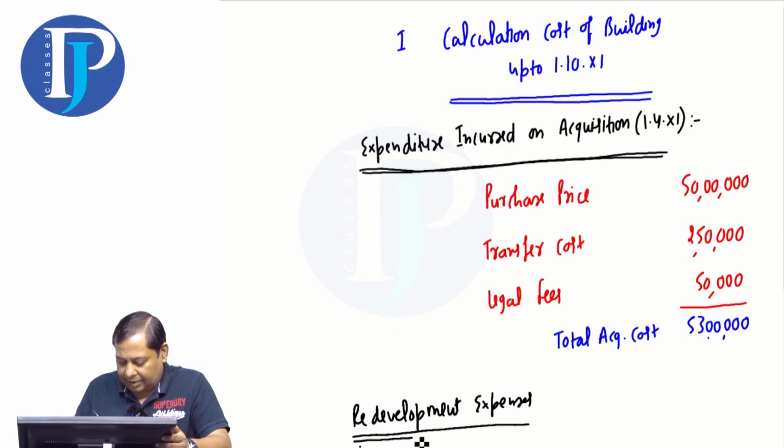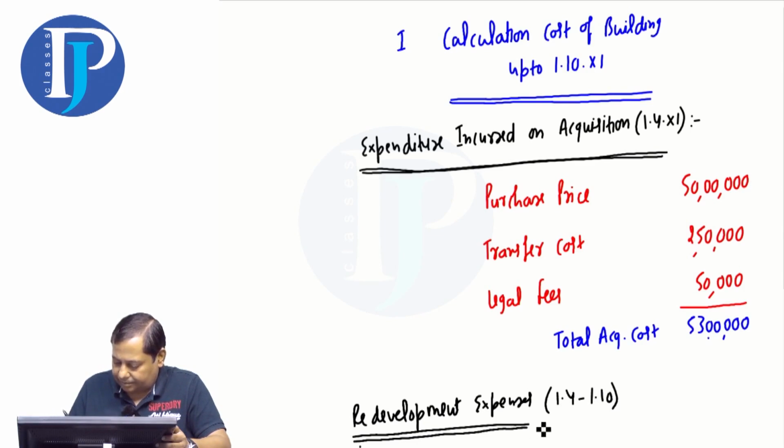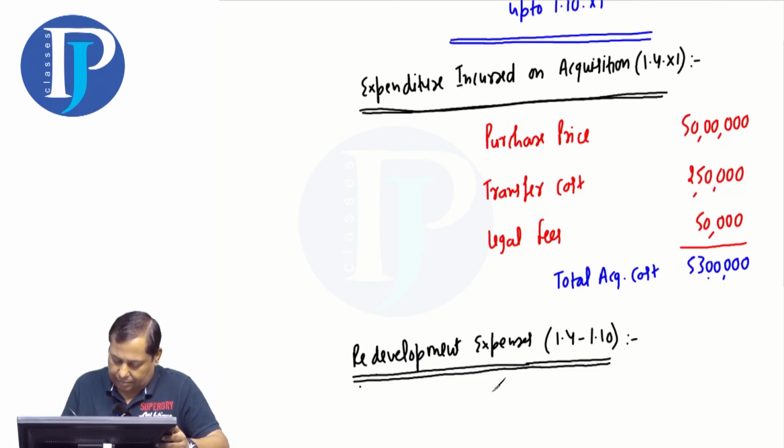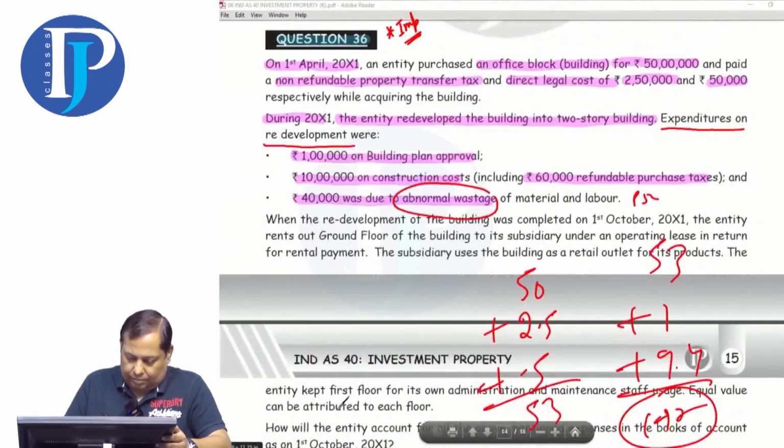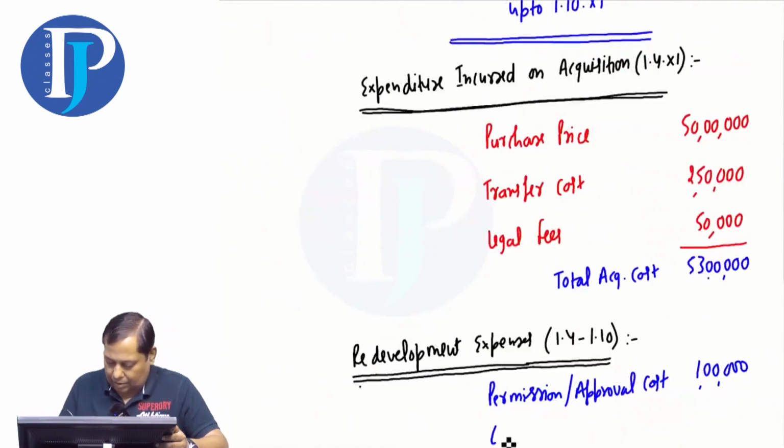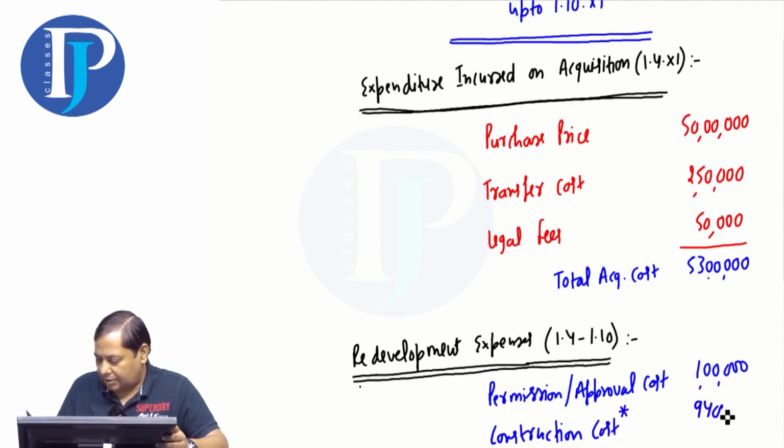We have invested some amount in redevelopment from 1st April to 1st October. The first one is permission or approval cost. This cost is 1 lakh. Construction cost is ₹9,40,000.